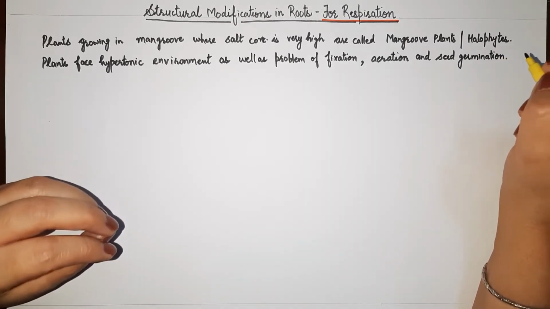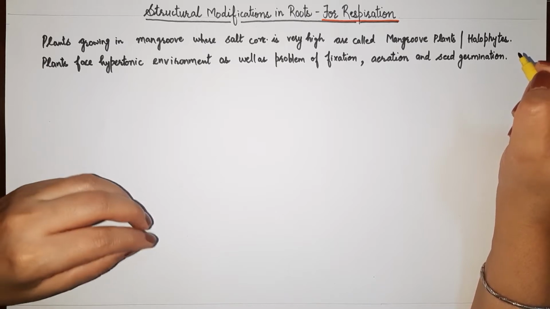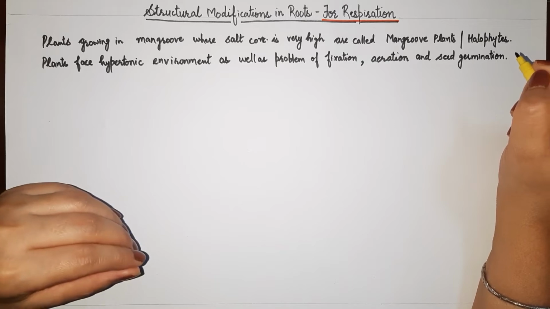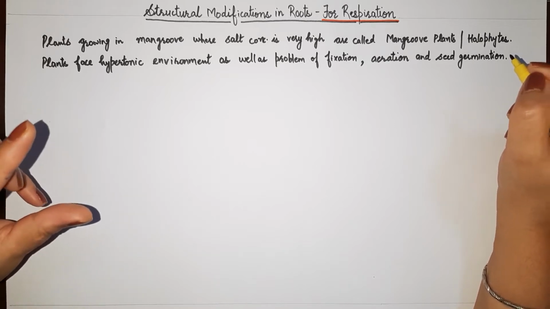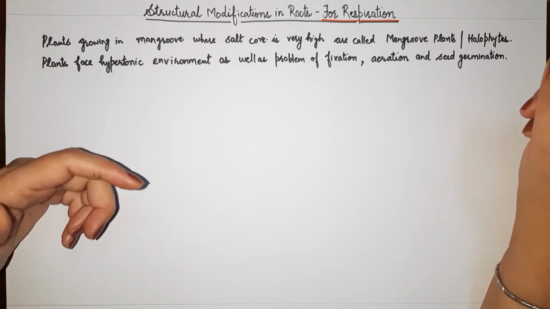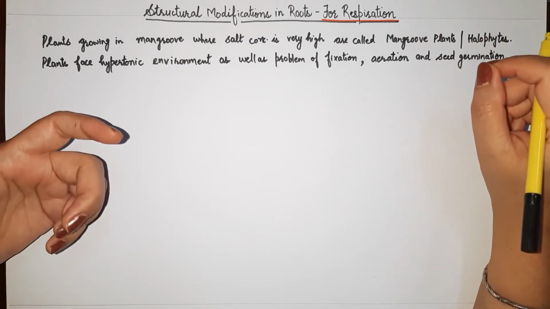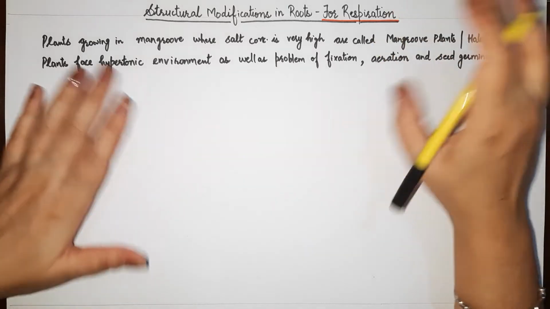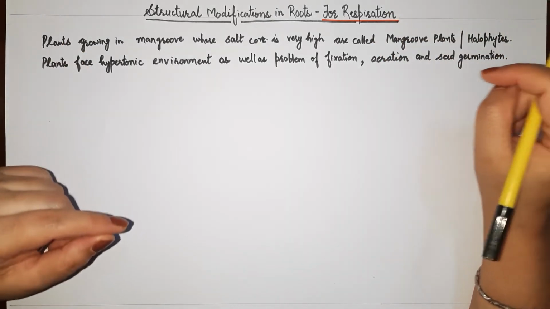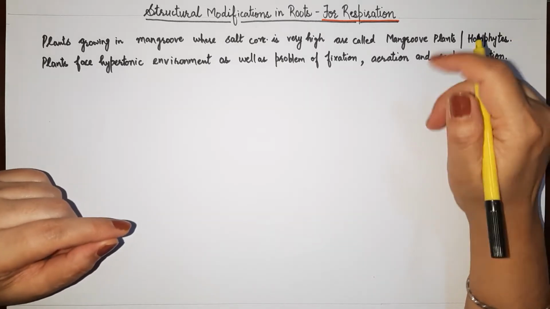So that's why they have developed a phenomenon called vivipary, means these seeds start germinating within the fruit itself, and when the embryo comes out of the seed, then they fall on the ground and establish themselves as seedlings. So these plants are totally different from other plants, because they have a number of adaptations in order to survive that environment.